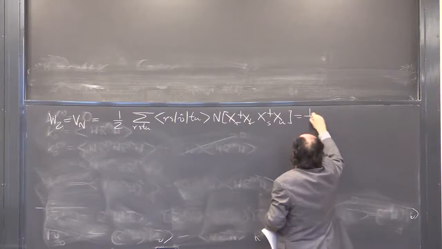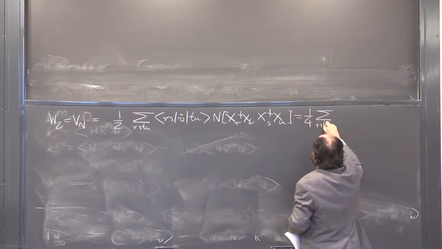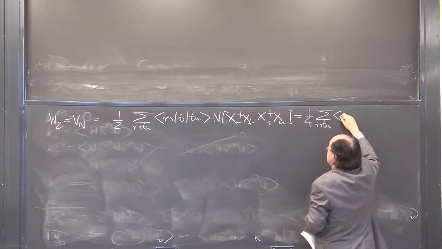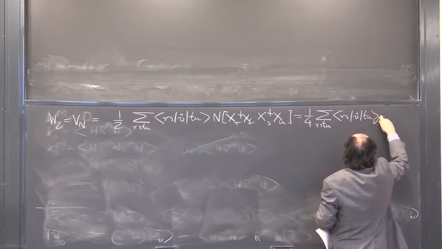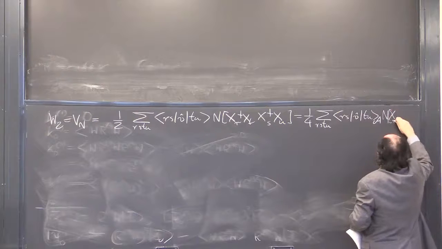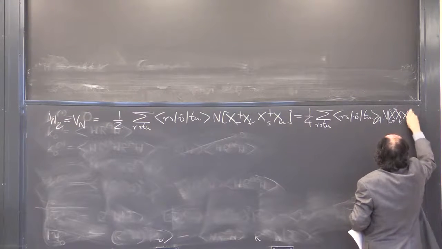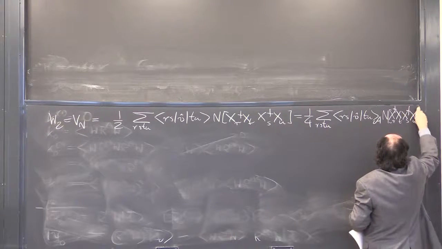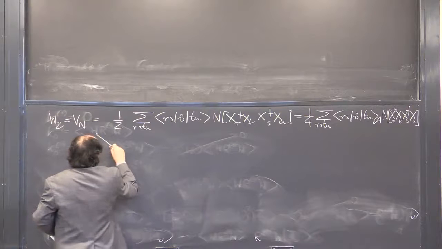Or in the form that is good for the Hugenholtz representation, where we use the anti-symmetrized matrix elements RSTU, so the A symbol here, and then the same normal product: X_R dagger X_T X_S dagger X_U. Diagrammatically, that's a quick refresher.